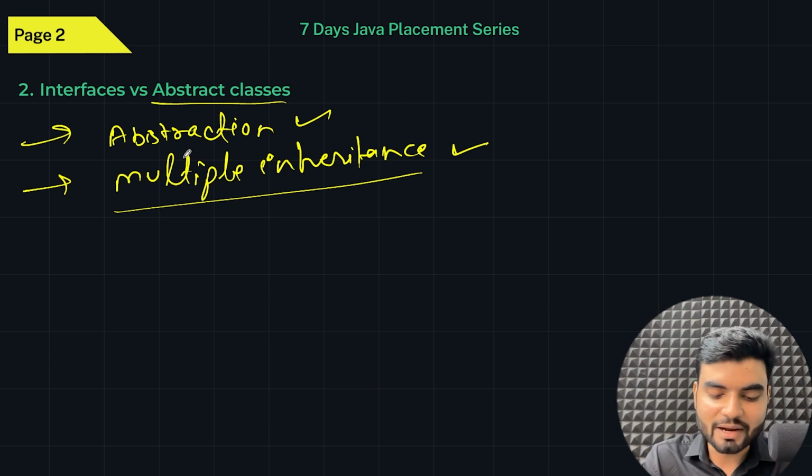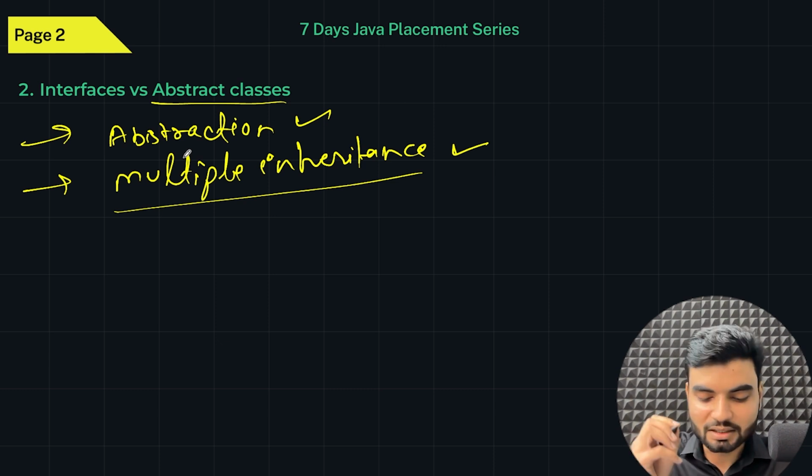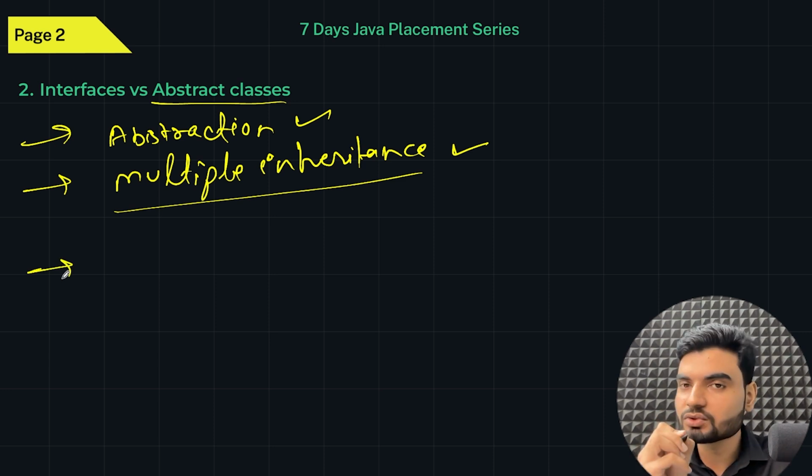But after Java 8 there were some improvements that came into the picture, which was that with the help of the default keyword you can have concrete methods in interfaces. But now the thing is, whenever you want strict abstraction you will use interfaces, but whenever you want, let's say, partial abstraction, in that case you will use abstract classes. Is it making sense to you?